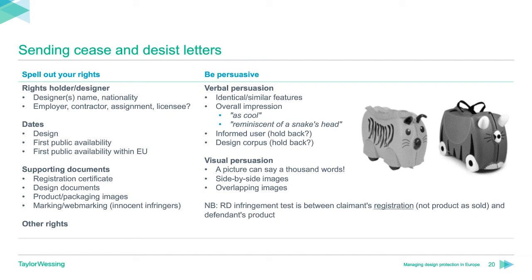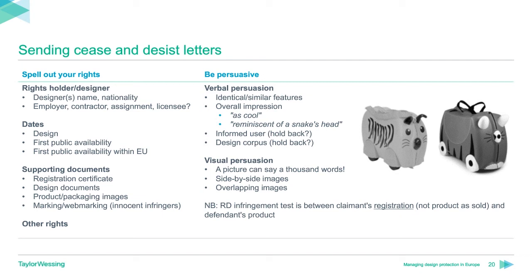Now, when it comes to being persuasive, the first element is verbal persuasion. So here you'll want to set out as much detail as possible of what you're saying are the identical and similar features. The other thing really to bear in mind in these cases, though, is that ultimately it is a test of whether the products have the same overall impression. And certainly in the UK, cases have been lost and won on that test.